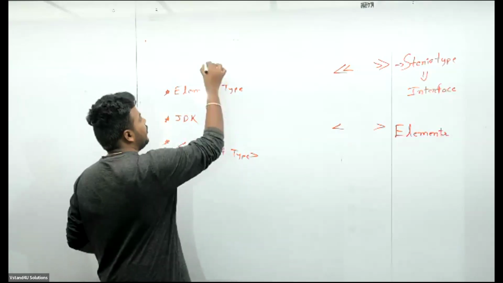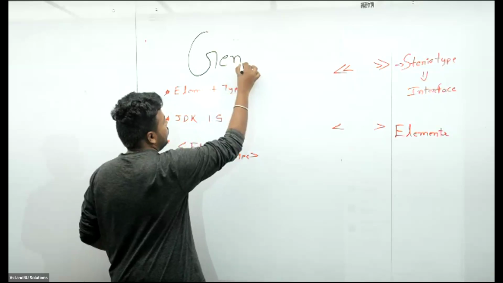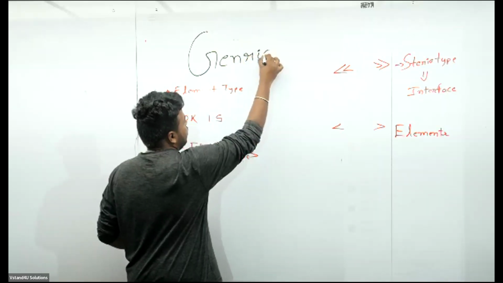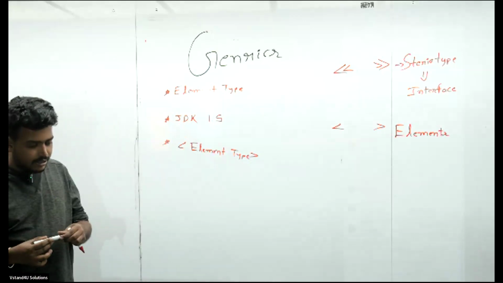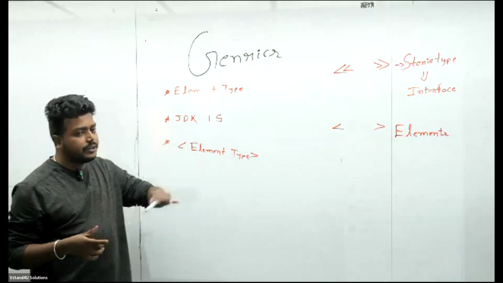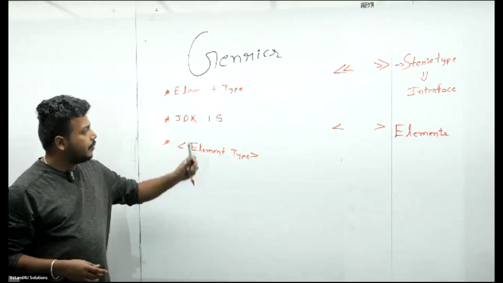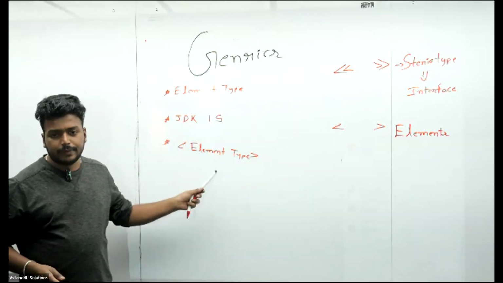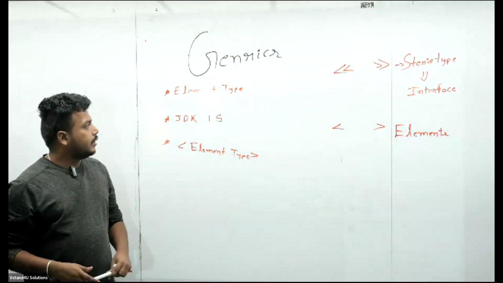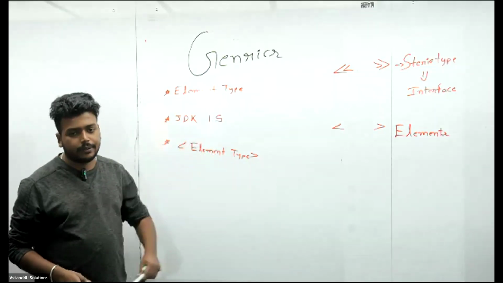Generics. Okay, this will be widely used in the collections part. Always generics will be in the element type. It was introduced in JDK version 1.5.